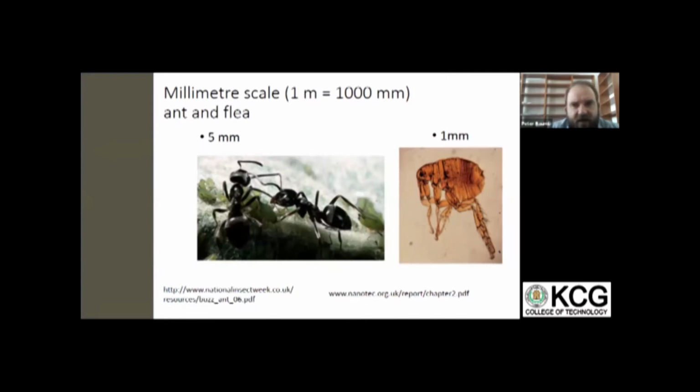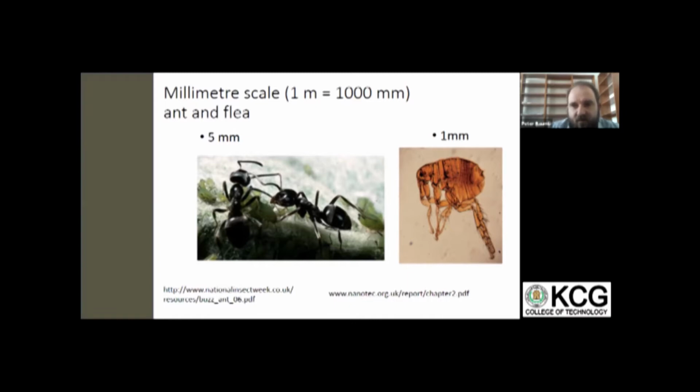In our daily life we meet small entities, small materials, animals. I collected here some pictures. You see the ant is 5 millimeter, the flea 1 millimeter.